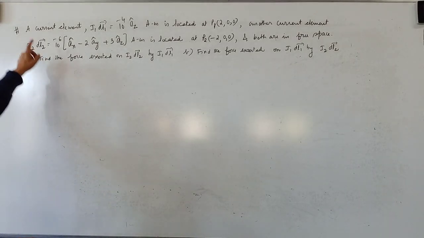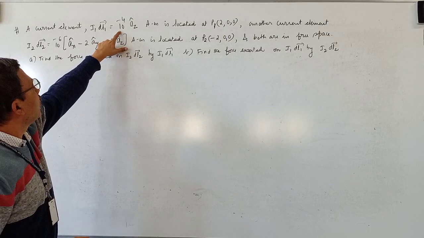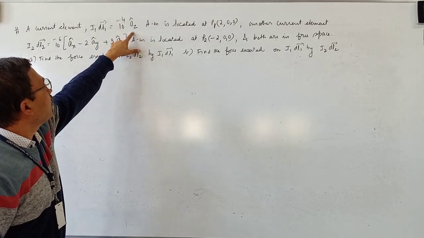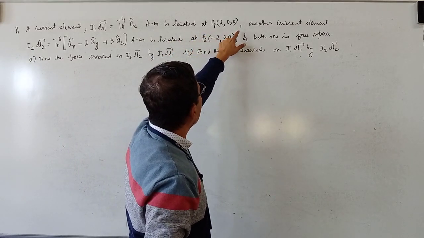So I do a problem now. Let me read out the statement of the problem. A current element I1 vector dl1 equals 10 to the power minus 4 az cap ampere meter is located at the point P1 (2, 0, 0) meters.